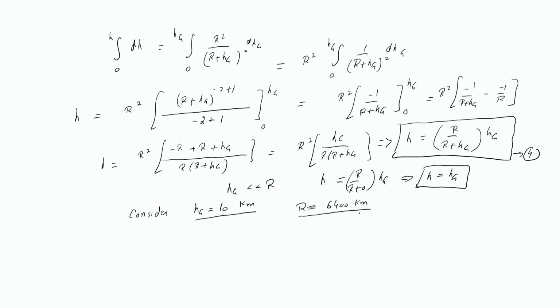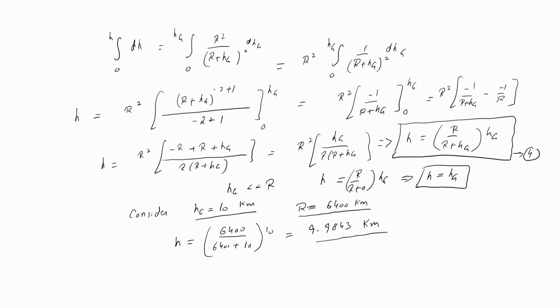Now that we know these two terms, we can find the geopotential altitude, h equals 6400 upon 6400 plus 10, times 10. Noticing this is 6400 and we are adding only 10 kilometers, this will become 9.9843 kilometers.